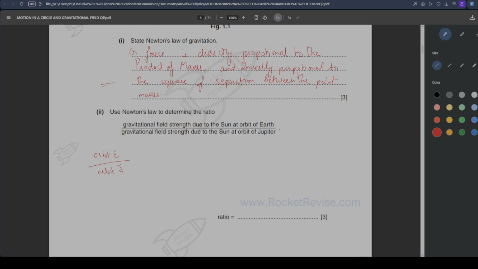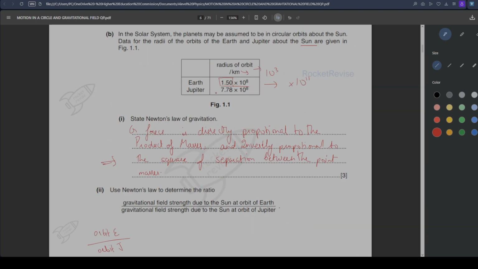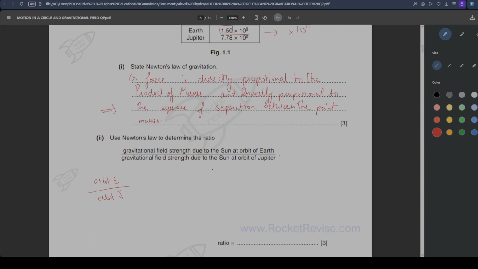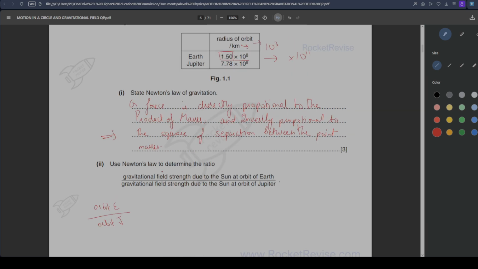And हमने इसको use करना है, so since it is inversely proportional to the radiuses, जिन radius की values उन्होंने हमें ऊपर दे दी है, all we need to do is हमने इन radiuses की values को use करके put them in this formula. Inversely proportional है, तो orbit of Earth, that's gonna be 1.5 into 10 power 8. ठीक है, अभी हम formula नहीं लगा रहे, we're just using ratios, right? तो इसको हम directly 10 power 8 कर सकते हैं. You don't really need to convert it. ठीक है, it's gonna cancel out anyways.